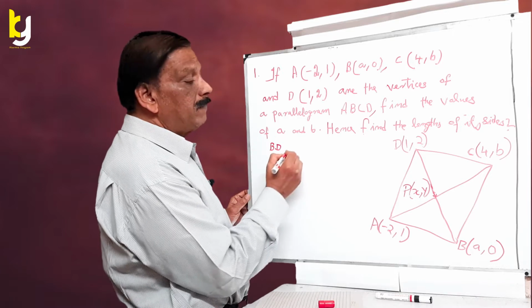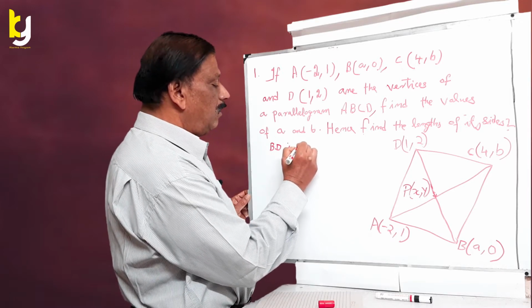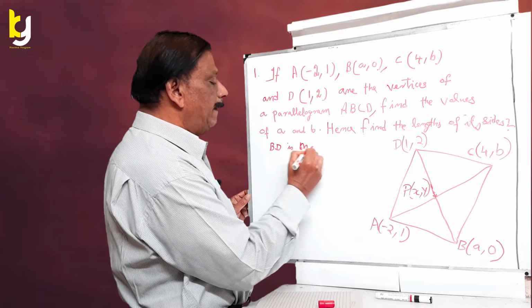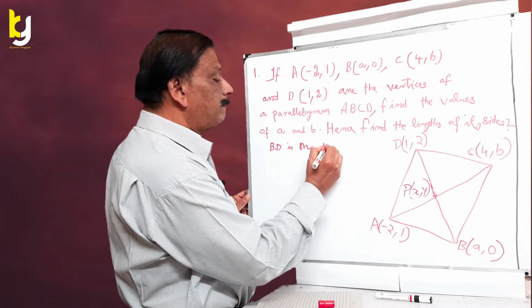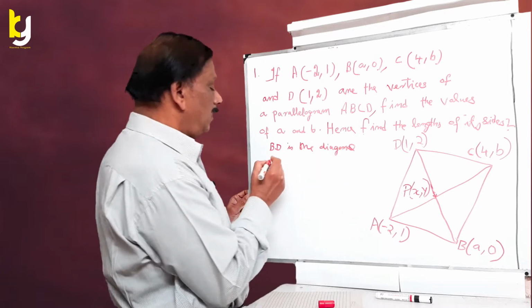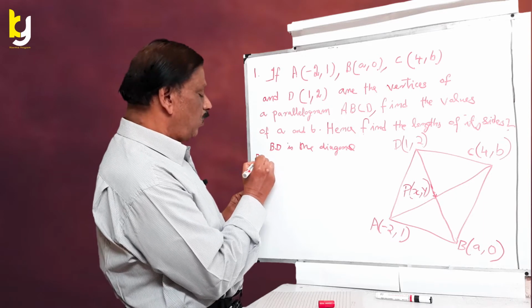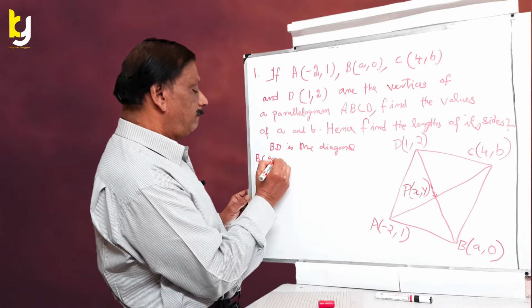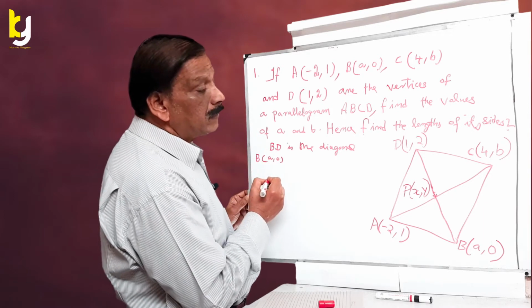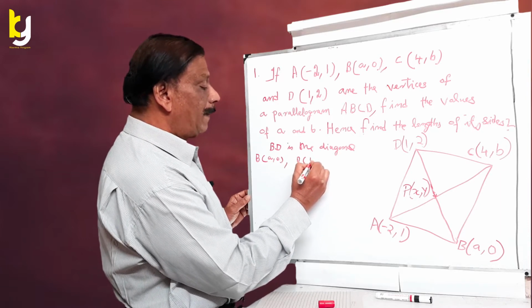BD is one diagonal, with B(a, 0) and D(1, 2).